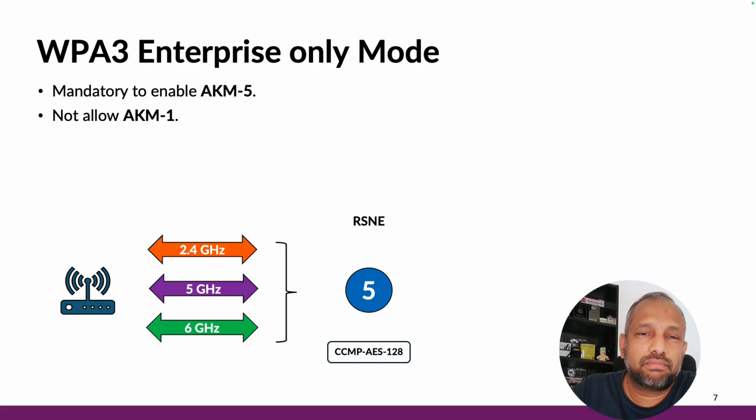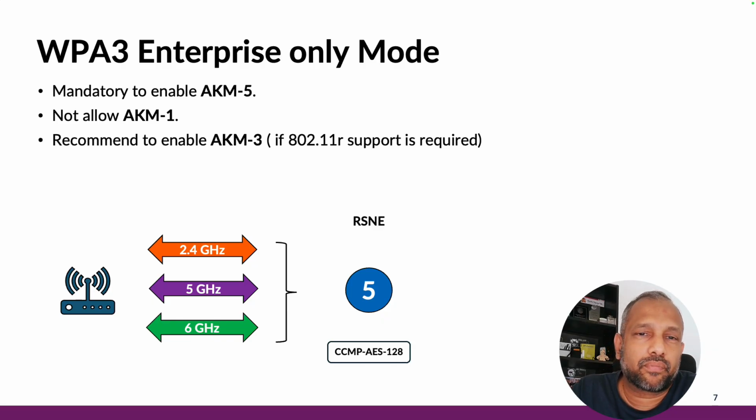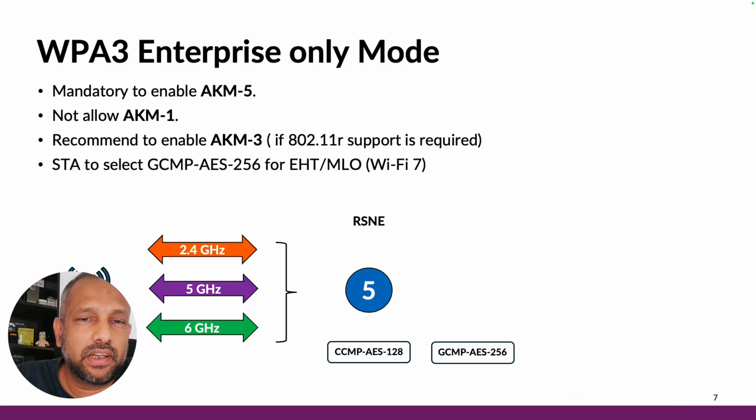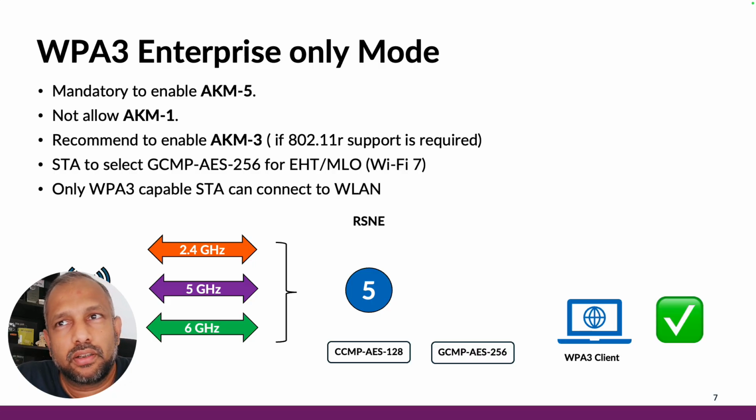But if you have a latest generation access point, ideally you should allow 256-bit encryption as well, like a Wi-Fi 7 connection. Again, if you need 11r support on this, probably then you have to advertise AKM 3 as well on top of AKM 5. Now in here, if you bring a WPA3 client, they can connect.